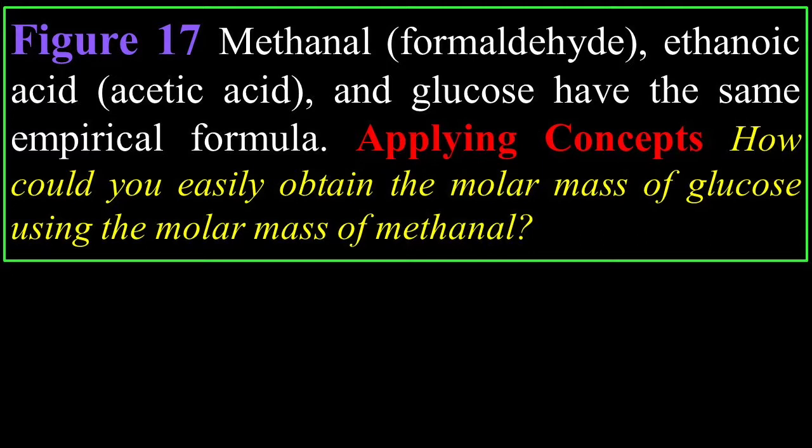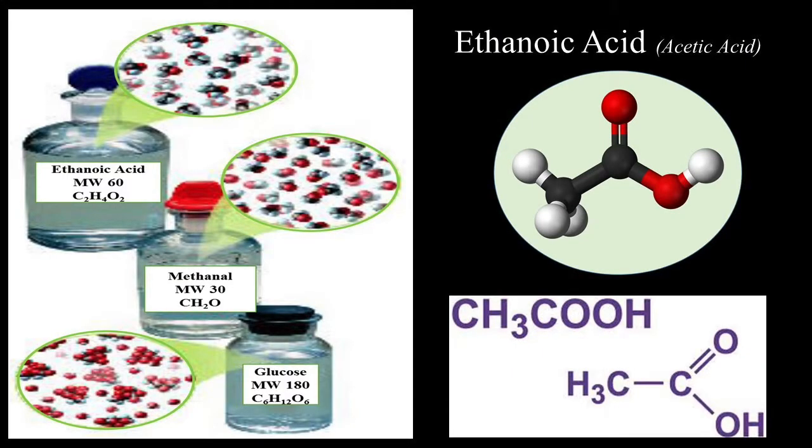Applying concepts, how could you easily obtain the molar mass of glucose using the molar mass of ethanol? Okay, so what we're going to look at now is methanol, which is a fancy way of saying formaldehyde. It's actually the IUPAC name. And so we have ethanoic acid, we have methanol, and we have glucose.